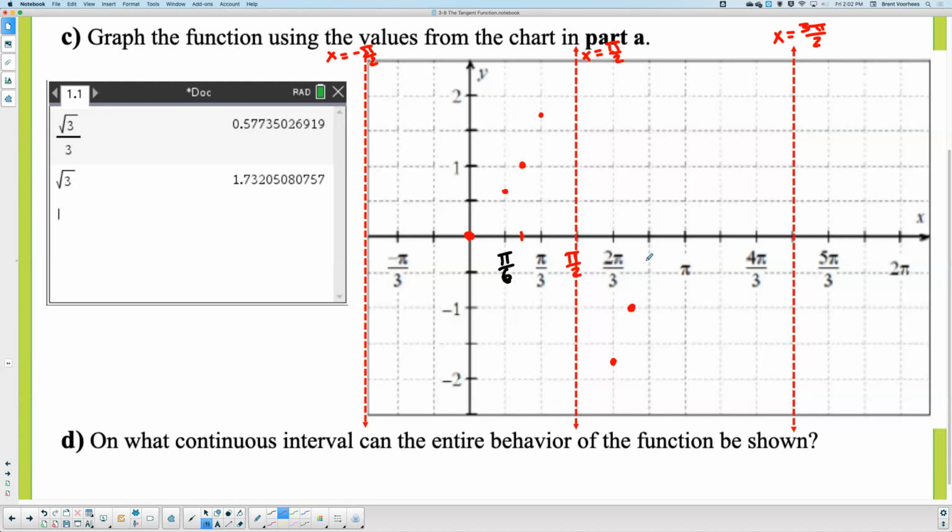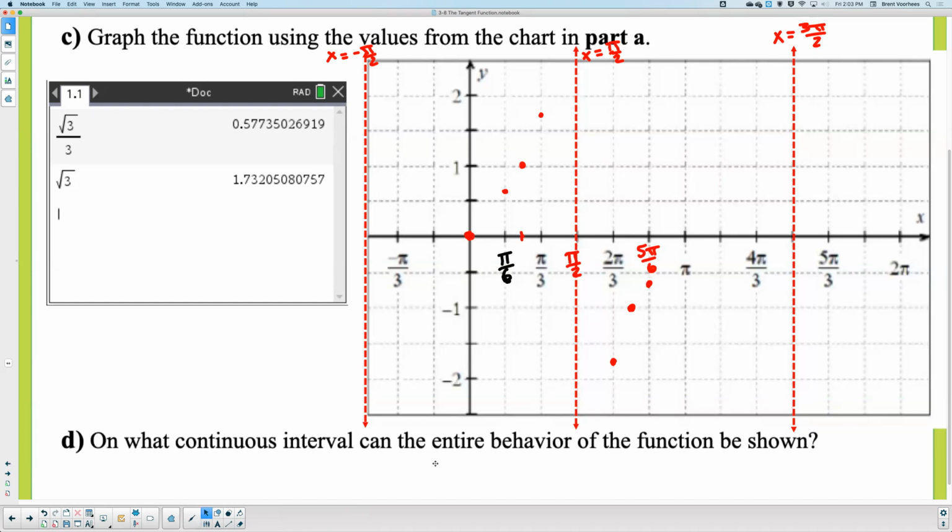That's pi over 4. And then we'd have here, this would be 5 pi over 6. What do we have for 5 pi over 6? Is it going to be negative square root of 3 over 3? Okay, so that's going to be right in there. So that's the values we had from our table.